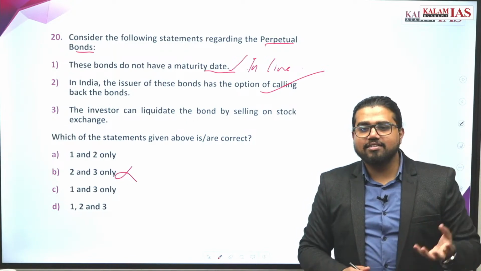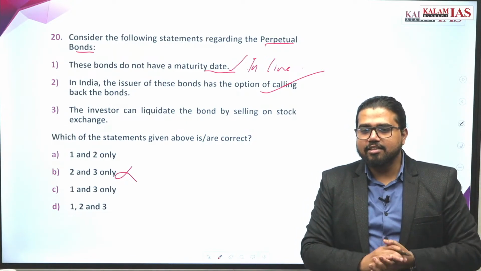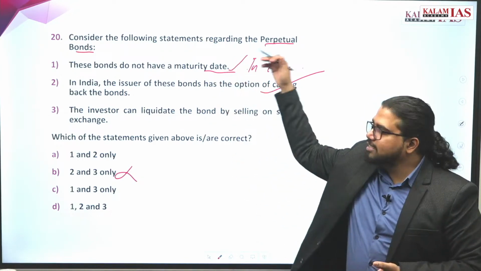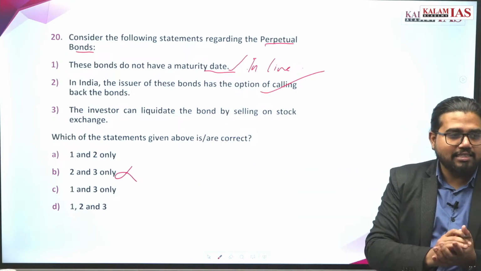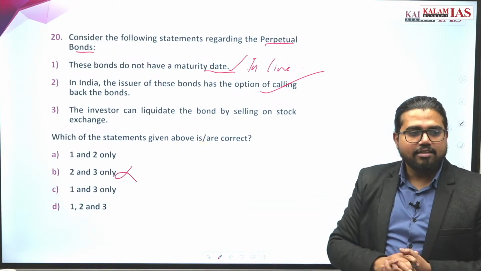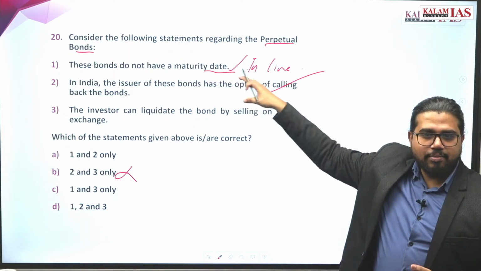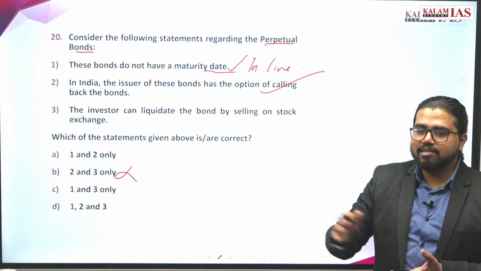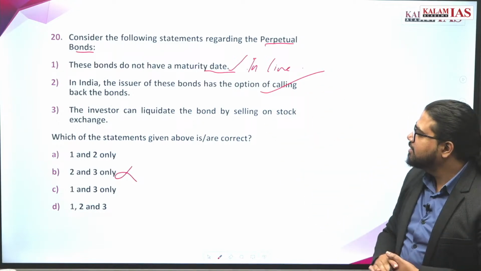Till when can you give the interest? There should be some limit, some kind of rigidity. Even though it is continuing without any fixed date, either we issue bonds for 1 year, 3 years, 7 years. Here there is no fixed date, but there is an option this can be called back. Otherwise it becomes redundant. It will go on forever.